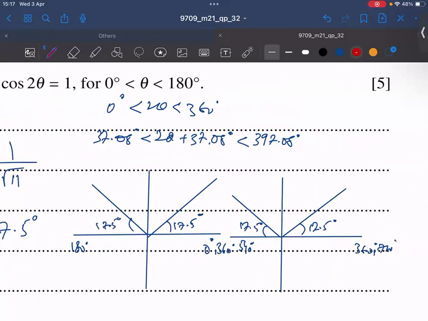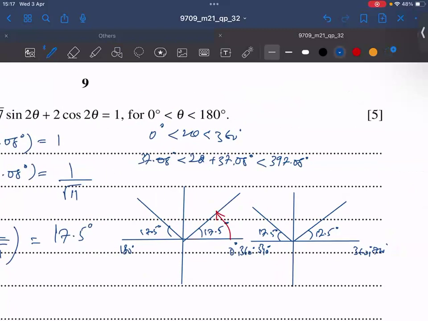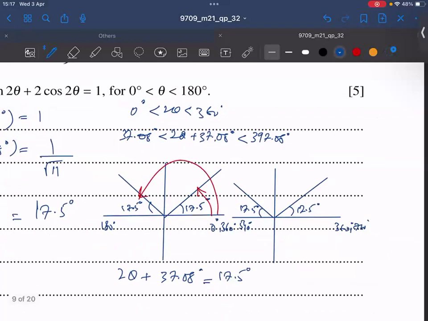The first one is 17.5. These general angles are associated with 2 theta plus 37.08 degrees. The first is 17.5, then 180 minus 17.5, which is 162.5.